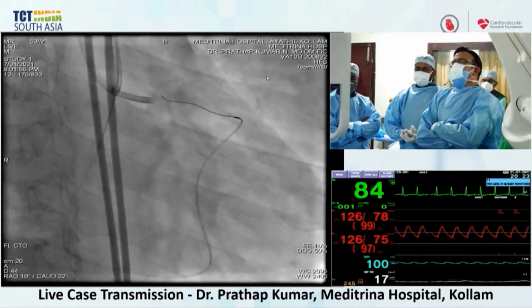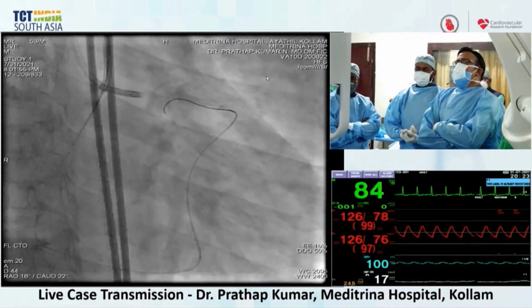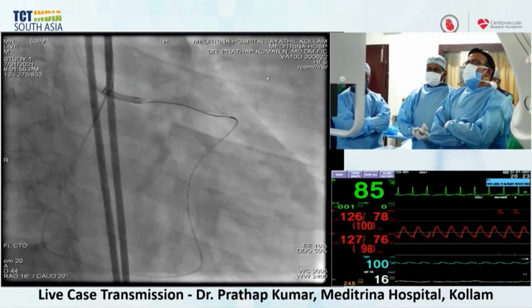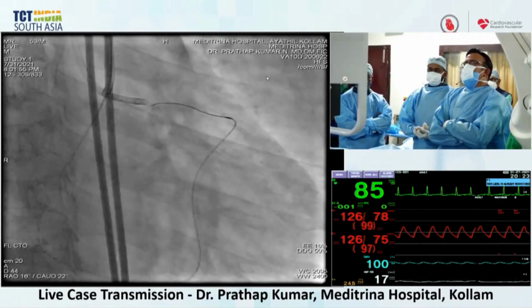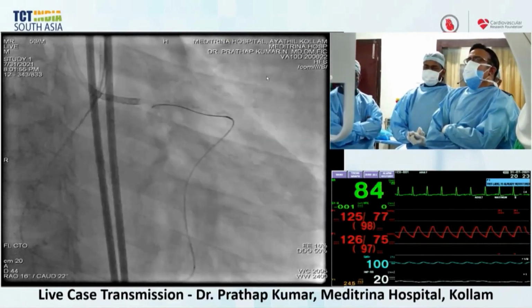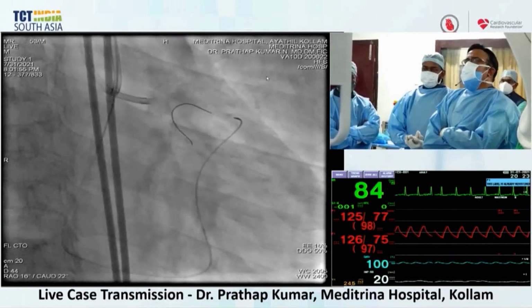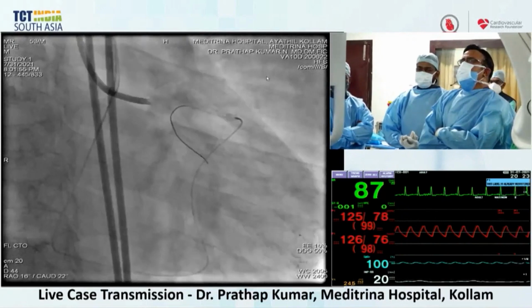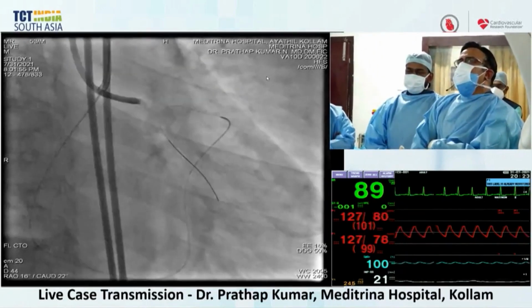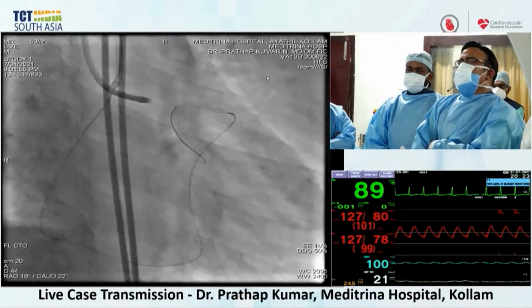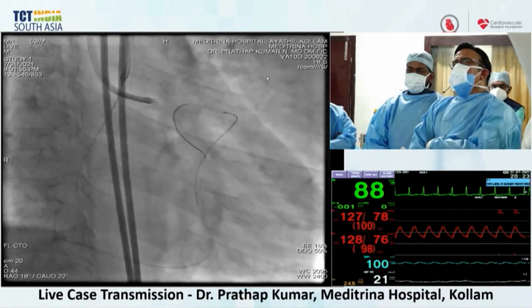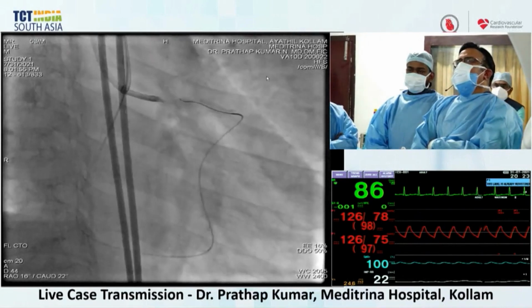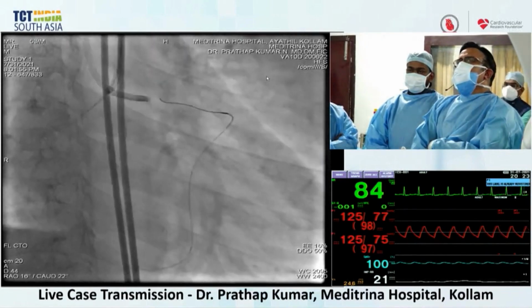That is also a possibility. I put the microcatheter down and then push the Caravel antegrade. Then I took the wire into the direction which I wanted.